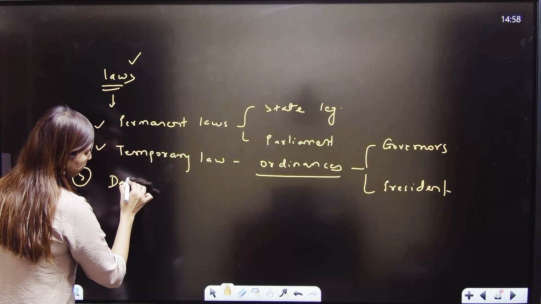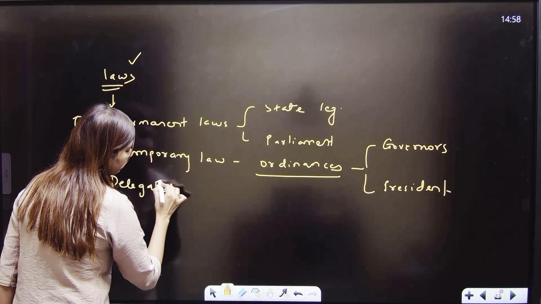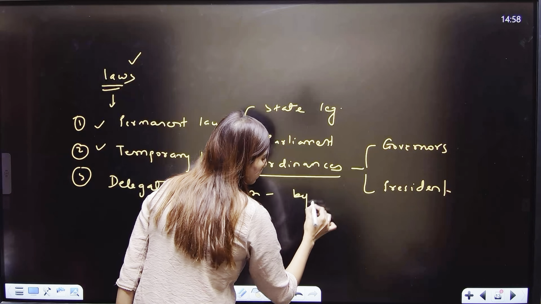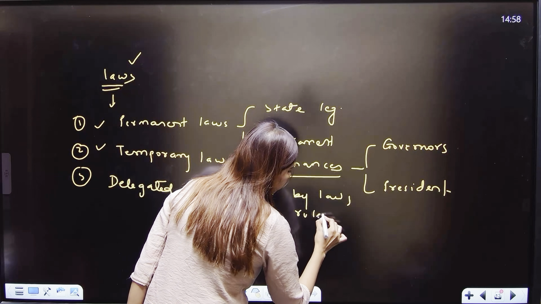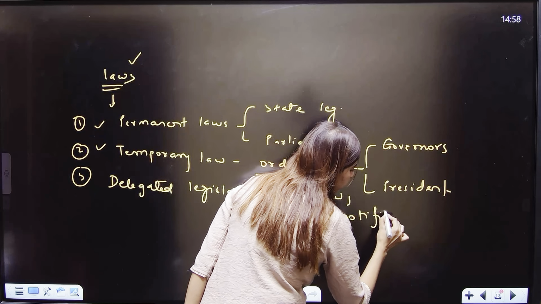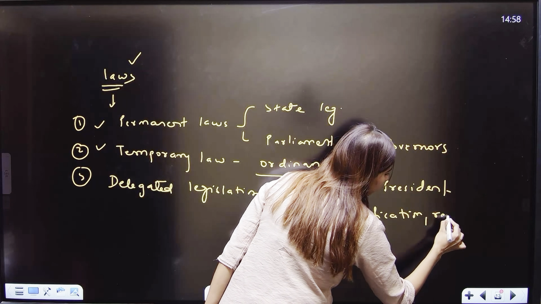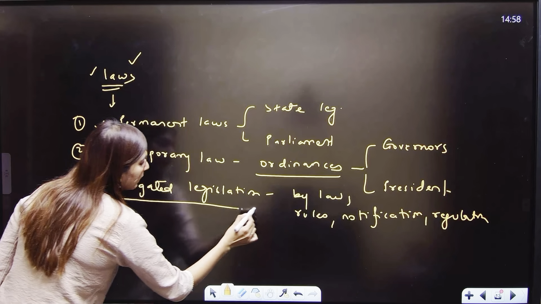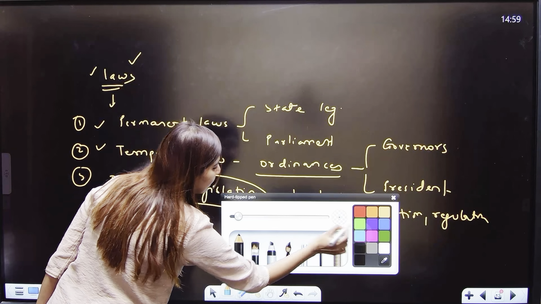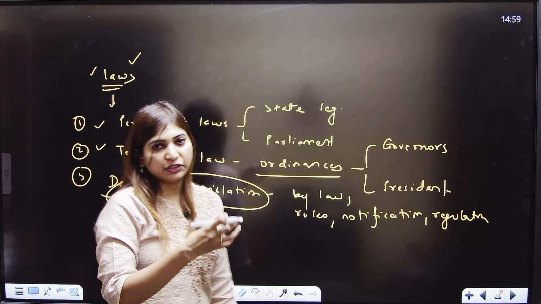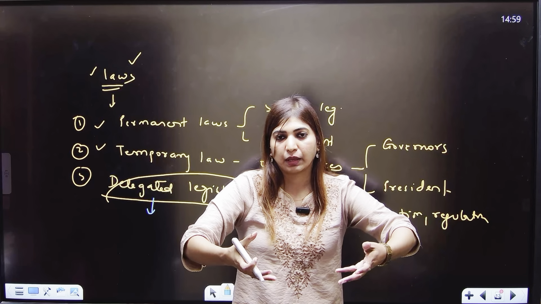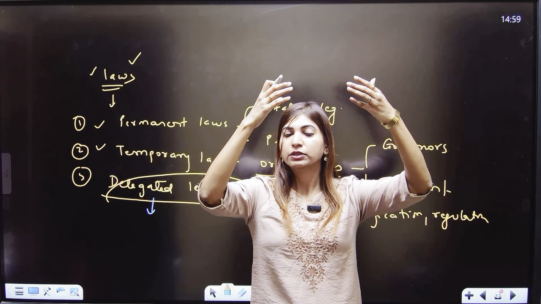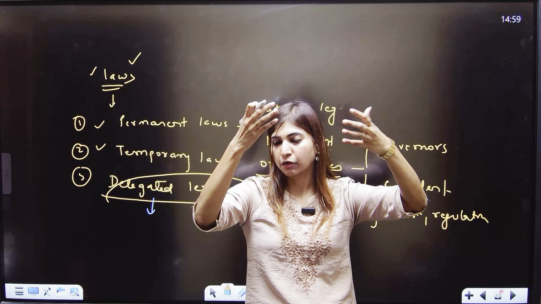Third, delegated legislation, a term you have to understand. In this, some bylaws, rules, notifications, regulations can be made, and that will also form law. But what is this exactly? Legislation is delegated, given to a subordinate office or to the executive by the central legislature, that is Parliament, or a state legislature.